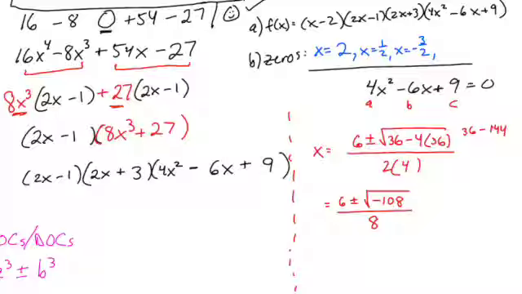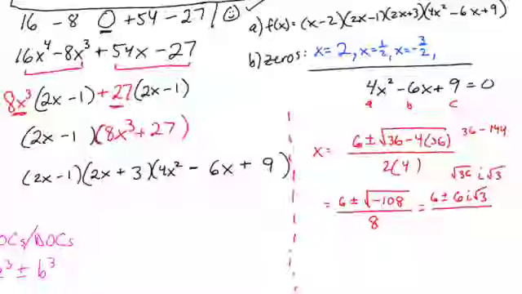So we've got a square root of a negative number, so we've got more imaginary, or in this case complex, zeros. 6 plus or minus, what does root negative 108 reduce to? Well, you're definitely going to take out the negative, and that's the i. And root 108, not a perfect square, but you can take out 36, right? So that'll be root 36, and root 3 left over, so that'll be 6i root 3, all divided by 8.